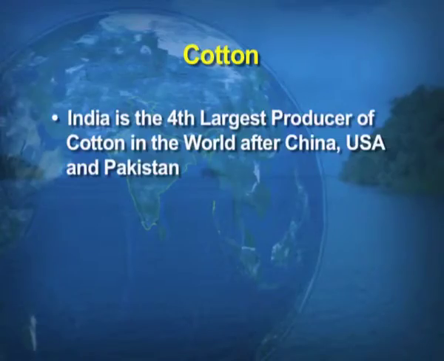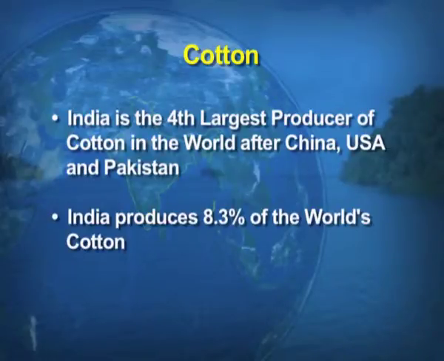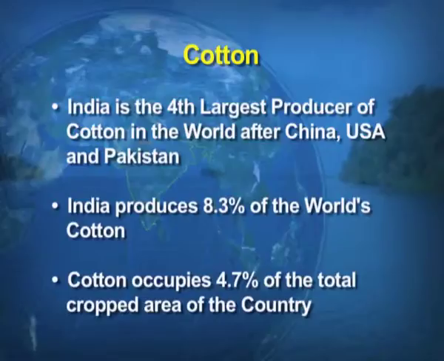India is the fourth largest producer of cotton in the world after China, USA and Pakistan. India produces 8.3% of the world's cotton, and as far as the total cropped area is concerned, it covers 4.7% of that area.